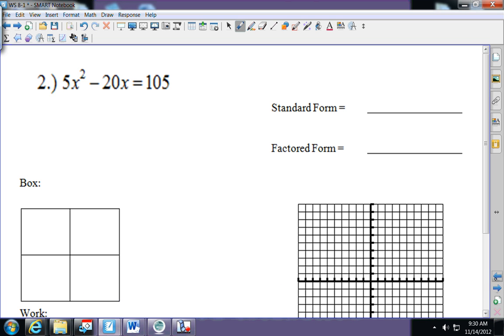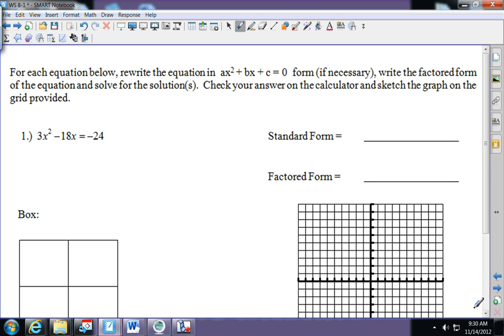So on the front side of your sheet, it says, for each equation below, rewrite an equation in ax squared plus bx plus c equals 0, which is standard form for a quadratic equation. So you have to make sure that all the numbers and all the x's are on the same side of the equal sign. Then we're going to write it in factored form, and then we're going to solve for the solutions.